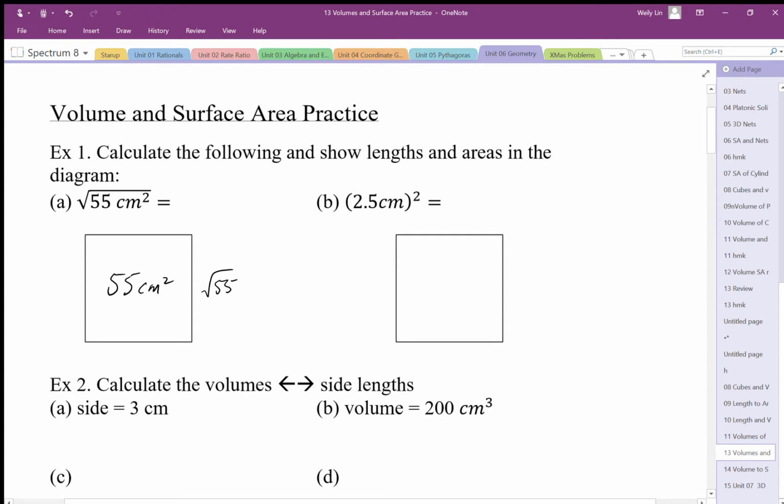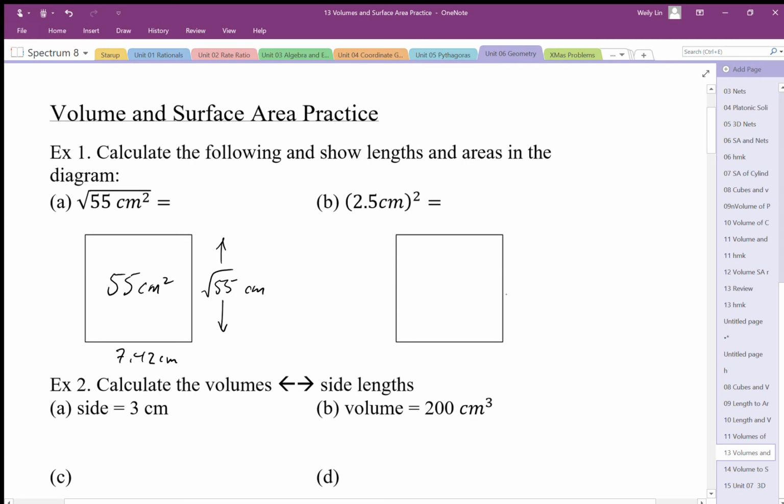I'm just going to leave it like that on the outside. We can work out the decimal value as well, which is about 7.42 centimeters across.